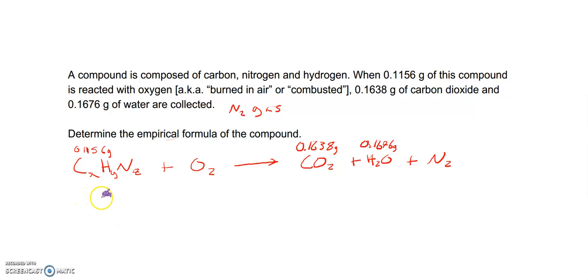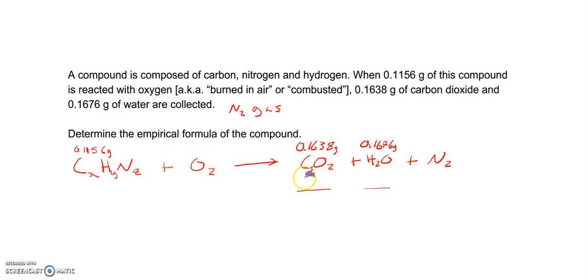We know that we can't go to moles here, because we don't have X, Y, and Z. It's asking us to find what number goes to carbon, hydrogen, and nitrogen, because we're looking for the empirical formula for this compound. We can go to moles here, though. You never want to do anything unless you have a reason for it.